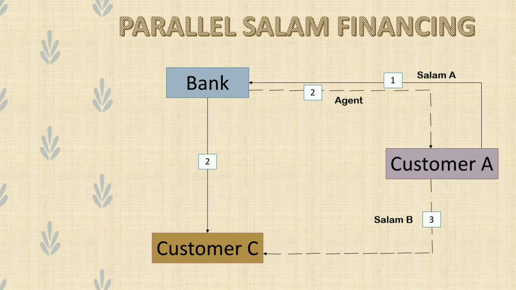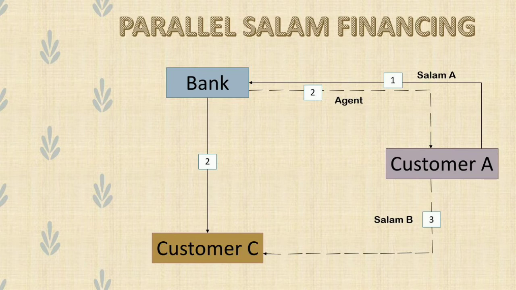Third, parallel salam financial. Bank customer dengan C of A and B. In an agreement of parallel salam, the bank enters into two different contracts. In one of them, the bank is the buyer and in the second one, the bank is the seller.